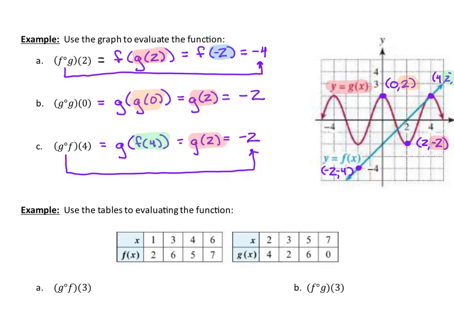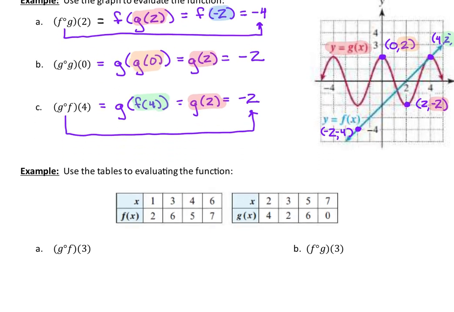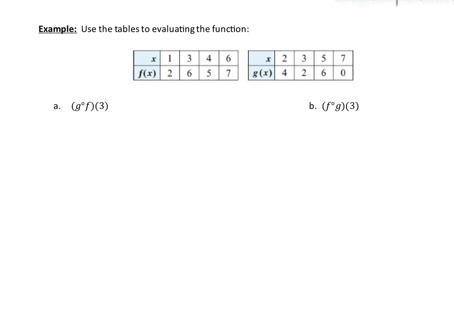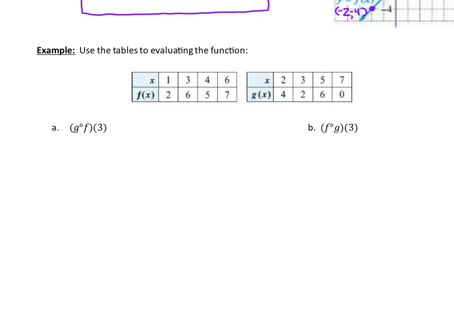All right, we can also do this with tables. And so if we come down and look at our tables, I'm going to go ahead and change this up a little bit. Just because it doesn't work out, I'm going to replace my 3 with a 4 for this first one.